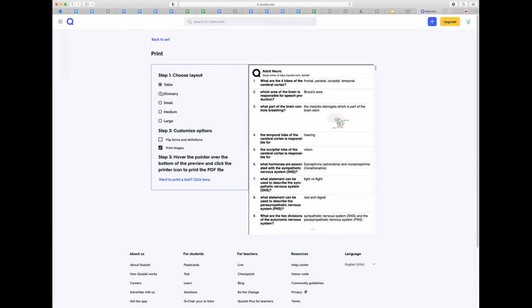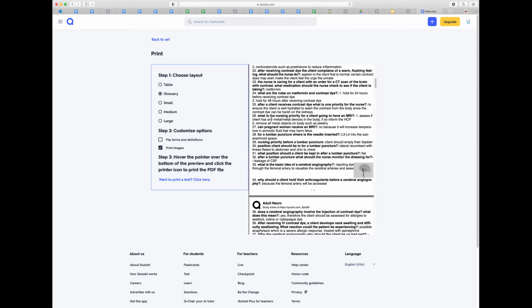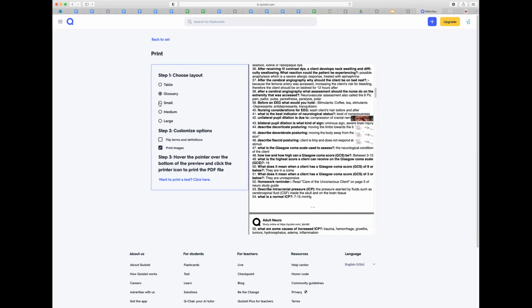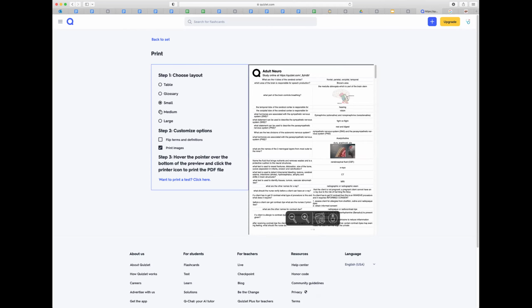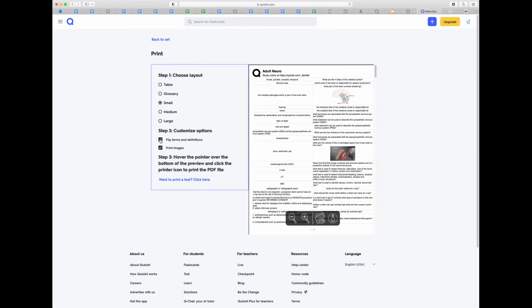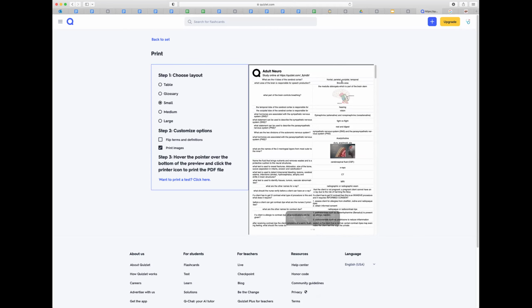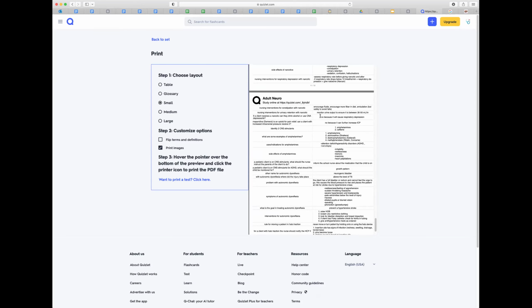You can do it like a glossary. And you can choose the size. So you can do what works for you. Maybe you print it, hide the answer, and go through and answer. So that is there for you.